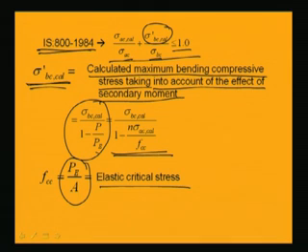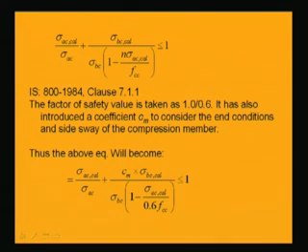So, with the modification we can write the earlier equation like this: sigma AC calculated by sigma AC plus sigma BC calculated by sigma BC into 1 minus n into sigma AC calculated by FCC, which should be less than or equal to 1.